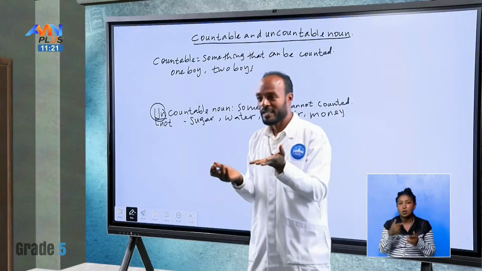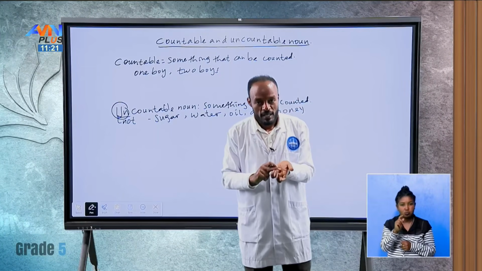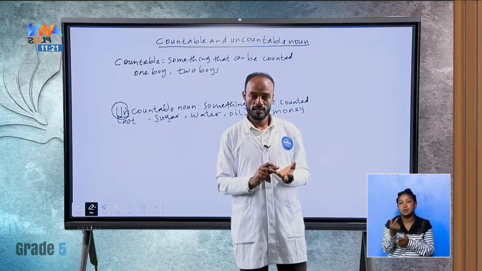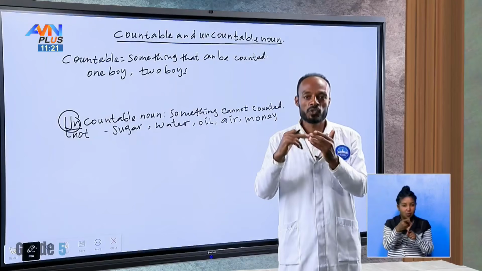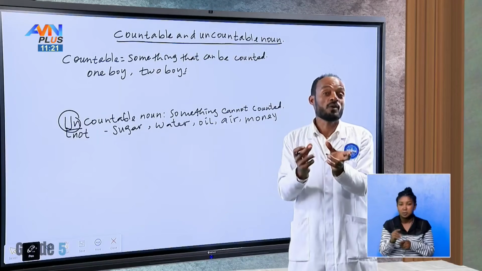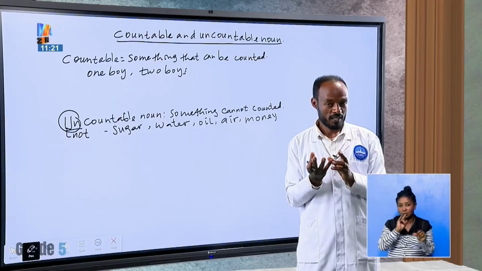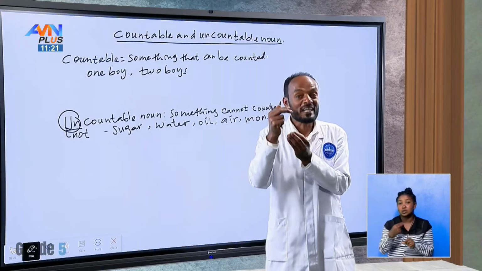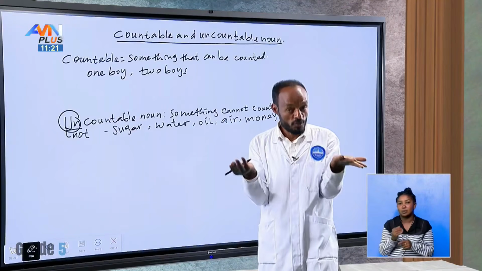When we say one birr, two birr, we are just counting the unit birr. Is it clear? When we say one dollar, two dollars, we are just counting the dollar. Dollar is the unit, okay? Just as we are using one kilo of sugar, three kilo of sugar. That's a unit. Bear in mind.